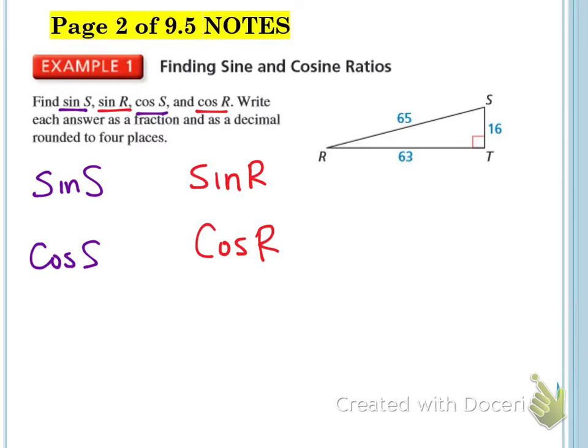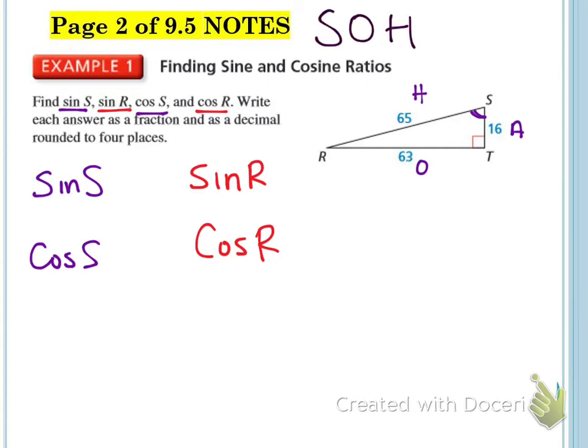I would do one angle at a time. So we can do S first, because that's the first one that's listed. So you want to label your sides. Which of these is the hypotenuse? 65. Which of these is opposite? 63, which means 16 is the adjacent.